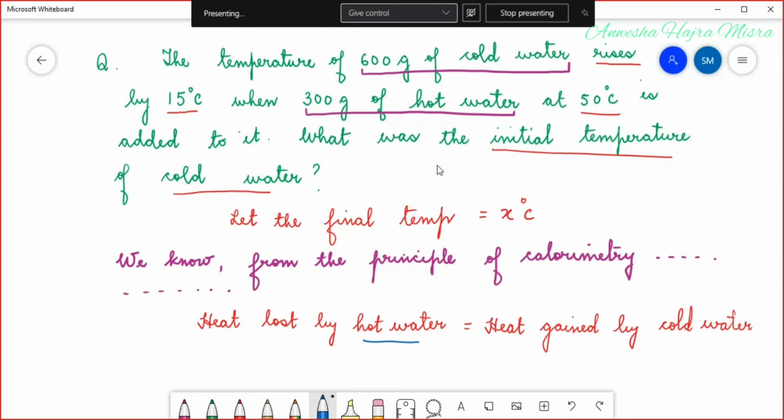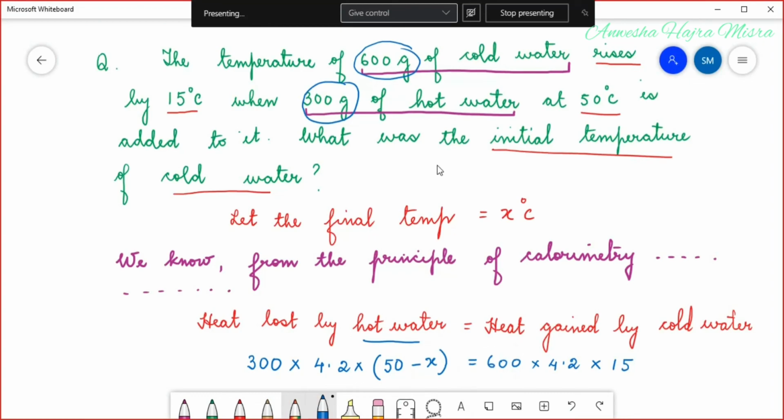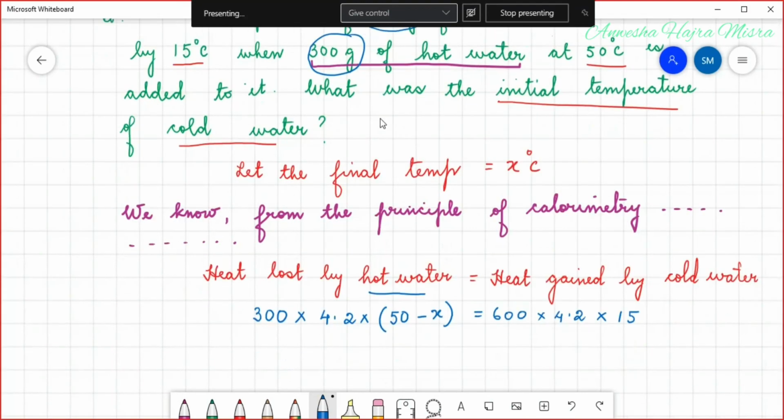Now hot water mass is 300 gram. Specific heat is 4.2. Hot water was at initial temperature 50, final temperature is x. Cold water mass is 600 gram. Specific heat capacity is 4.2 and cold water rises by 15.